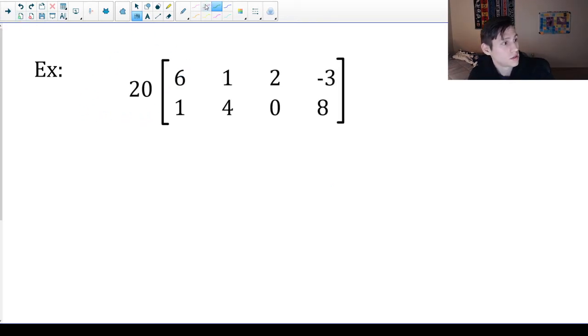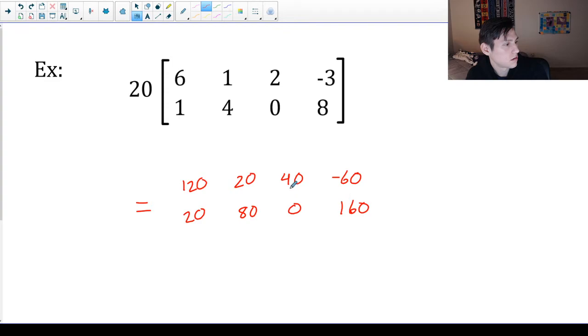Okay. So for example, it does not matter what size of matrix we have for scalar multiplication. It works with anything. So again, it's like we just distribute. 20 times 6, 120. 20 times 1, 20. 20 times 2, 40. 20 times negative 3, negative 60. 20 times 1, 20. 20 times 4, 80. 20 times 0, 0. 20 times 8, 160.